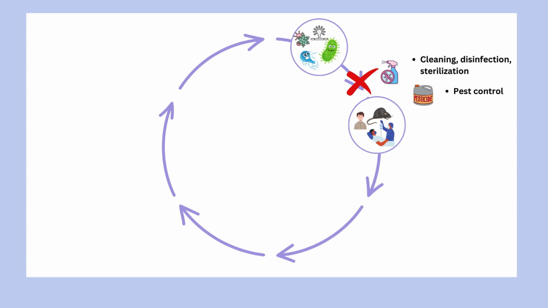For example, using mouse traps or applying pesticides to control rats and prevent diseases like plague and leptospirosis. Infection prevention policies must be in place because they provide structure and systematic approaches to minimize the spread of infectious agents.